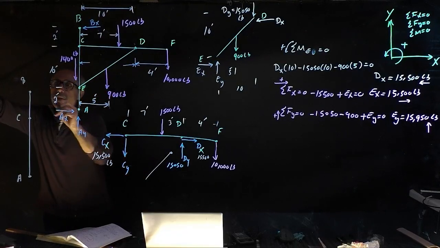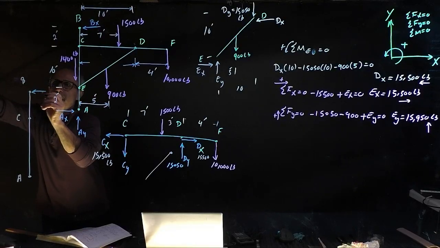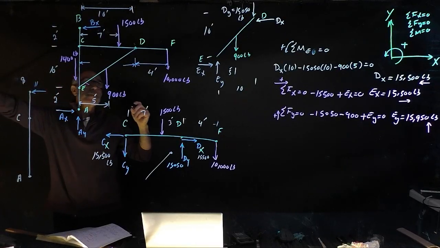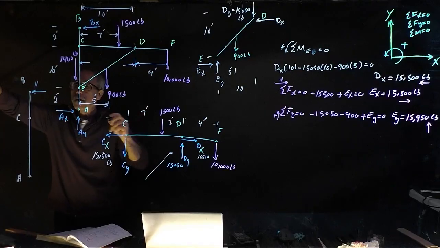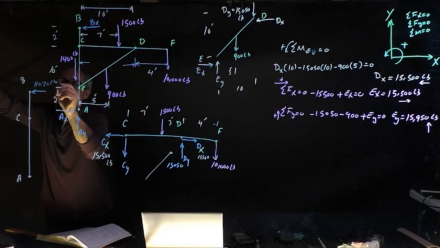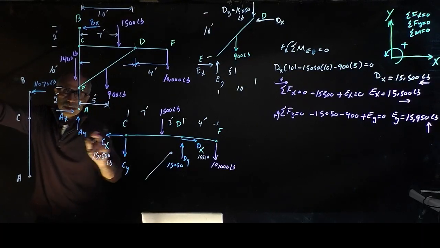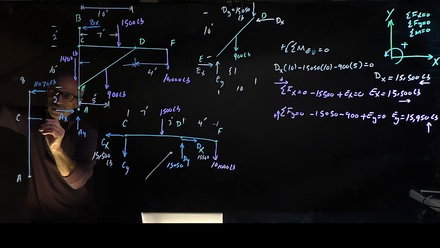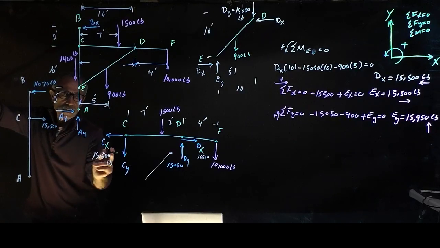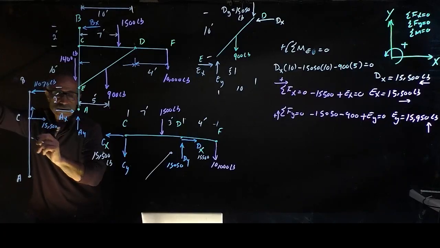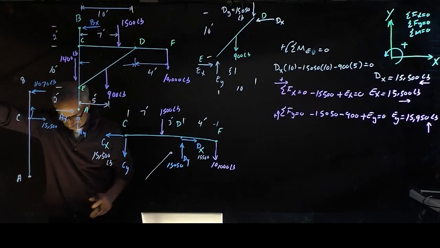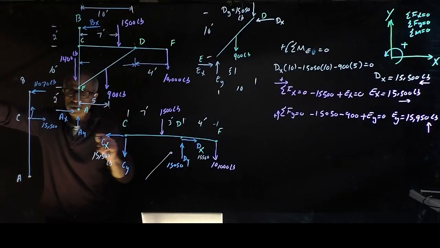We had BX right here, which was 11,070 pound. Remember, we got CX this way, so in here we have to go the opposite. So there's the CX, which is 15,500, and then we have CY. Our CY is going to go up like this, and that's going to be, what do we figure? CY came out to be 3550.